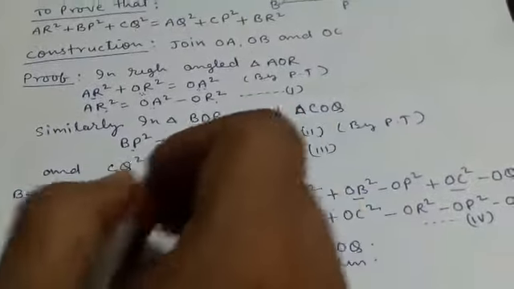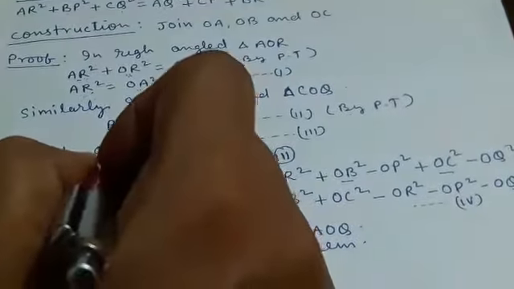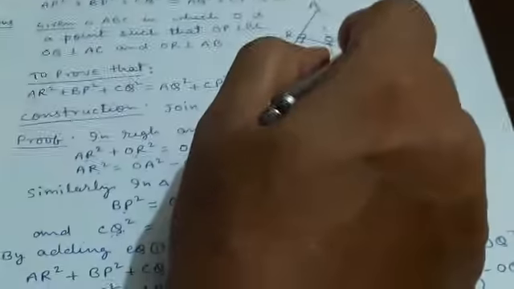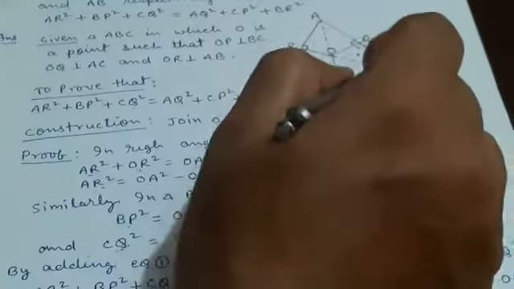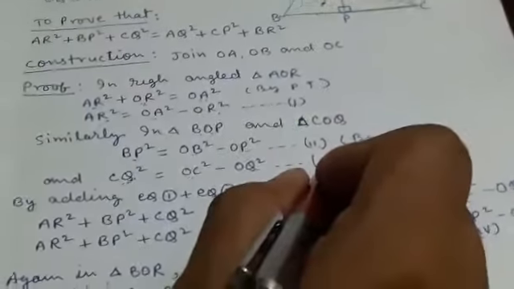This is our second equation by Pythagoras theorem. And in this right angle triangle, CO will be the hypotenuse. So we write CQ square is equal to OC square minus OQ square. This will be our third equation.